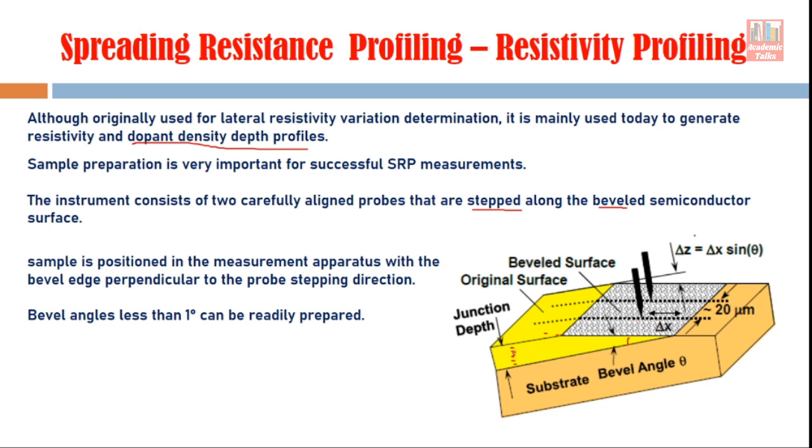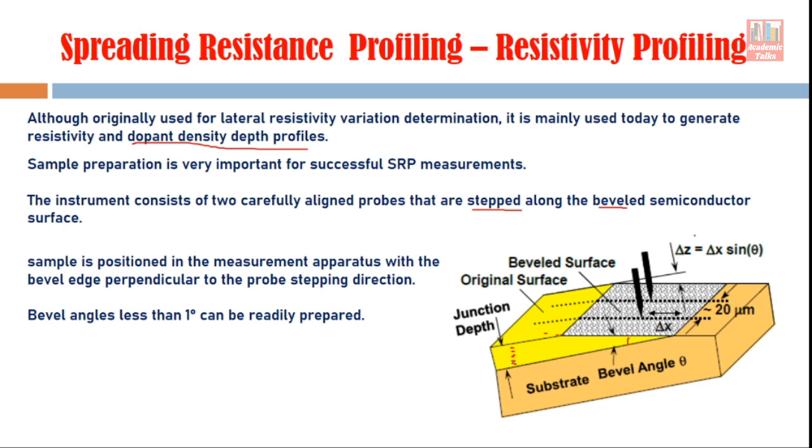Because if we are measuring data here, it is like drawing a line here and then a parallel line here. So when you are getting data at these horizontal locations, effectively the data is from this particular depth.